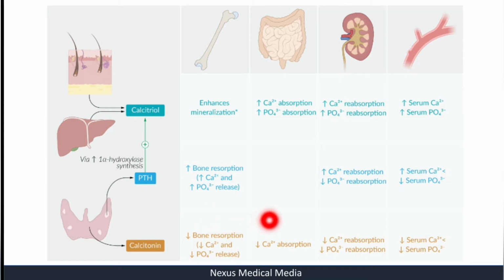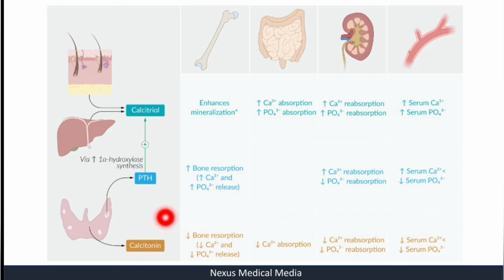In the intestines, it reduces calcium absorption, and in the kidneys, it reduces calcium reabsorption and phosphate reabsorption. In the blood, it reduces calcium, and most importantly, it reduces serum phosphates.